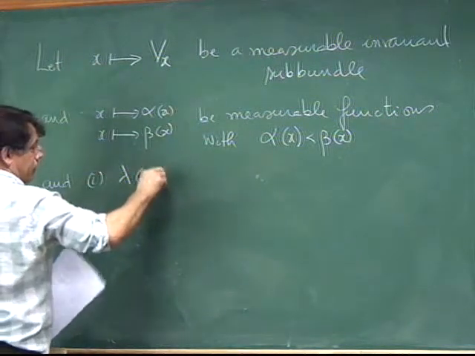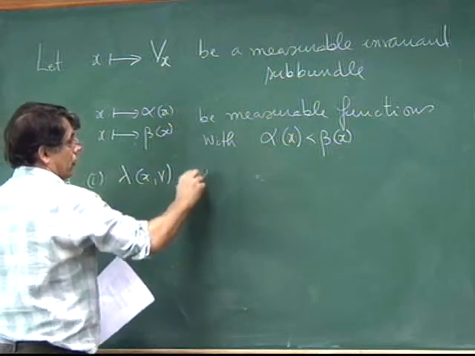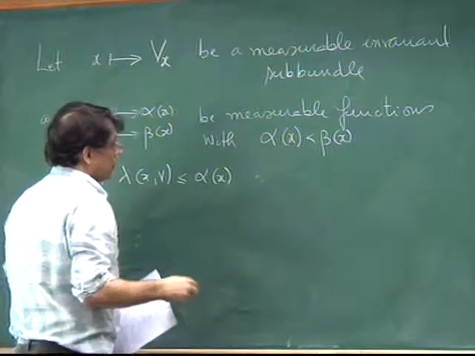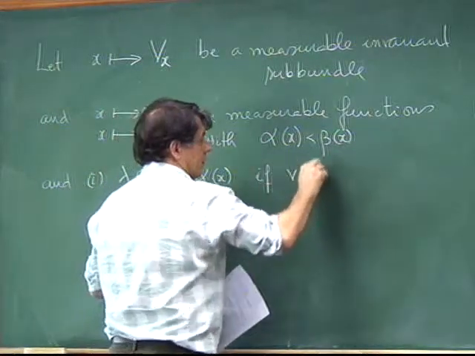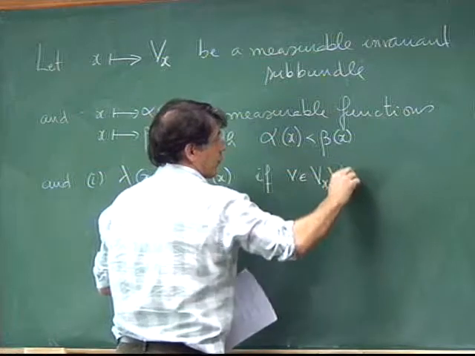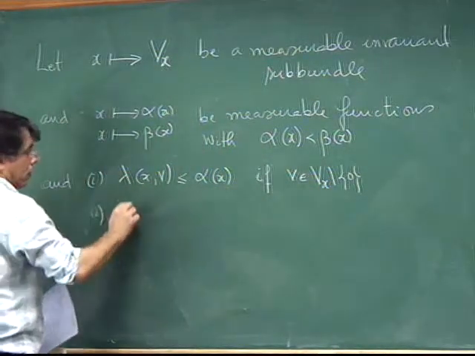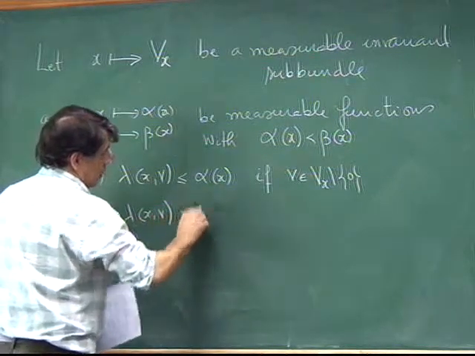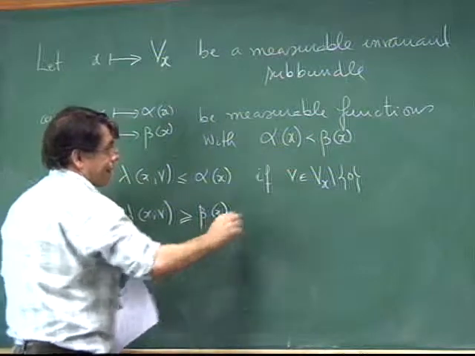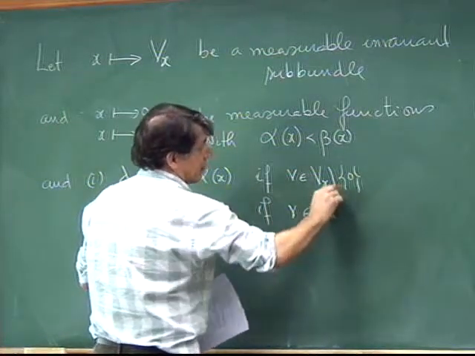Lambda xv is less or equal than alpha if v is in Vx, non-zero, and lambda xv is bigger than beta if v is not in Vx.